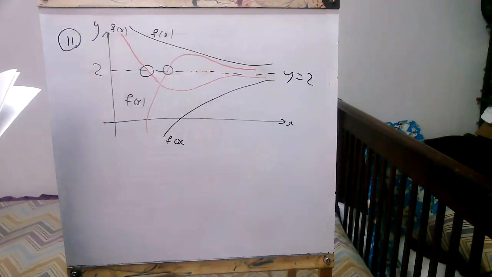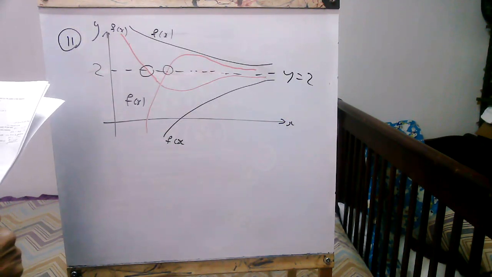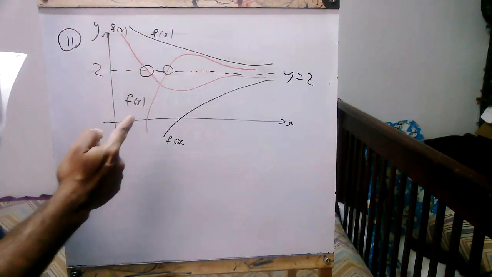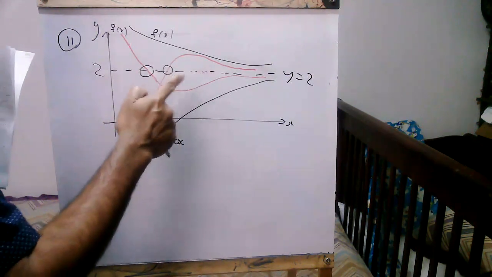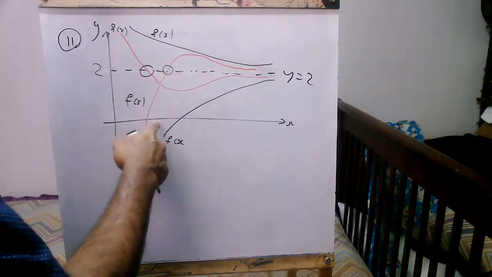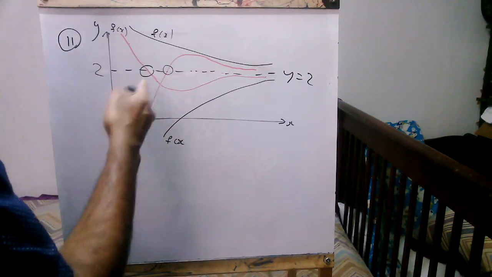f(2) is defined, that also we cannot say for sure. How do we know if the graph is like this?